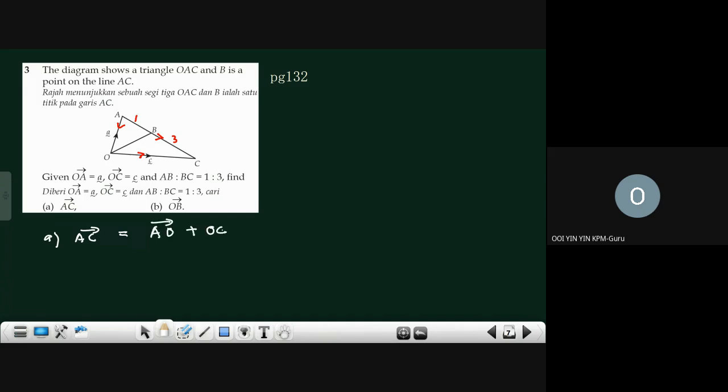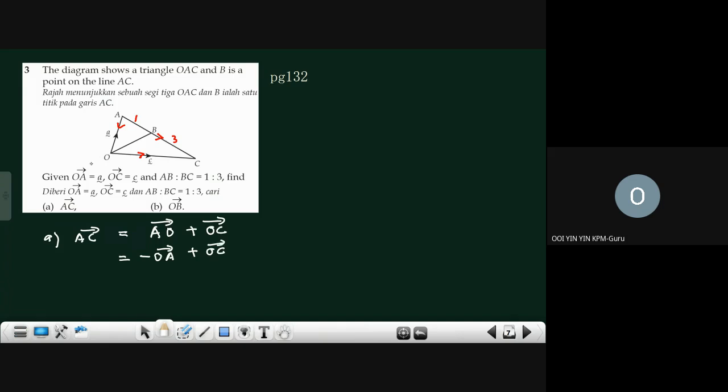So your AO plus OC. The problem is that this AO, given the question, is OA, right? Then we can only use OA here, not AO. So we have to interchange the places, the opposite direction, so it becomes negative OA plus OC.